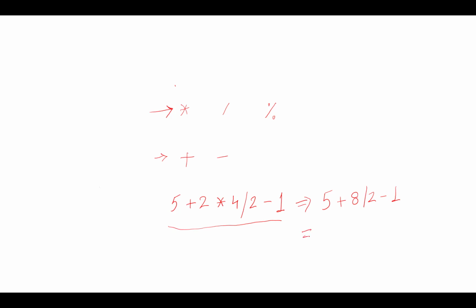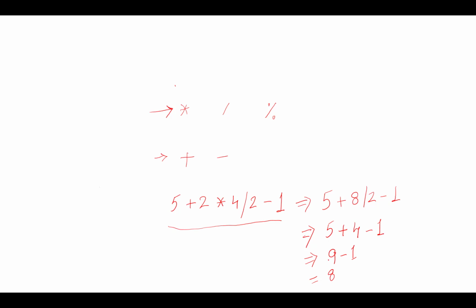Next we will solve divide. So 5 plus 4 minus 1. Now again plus and minus have the same precedence, so we will solve the left operator first. So 5 plus 4 is 9, minus 1. The final answer will be 8.